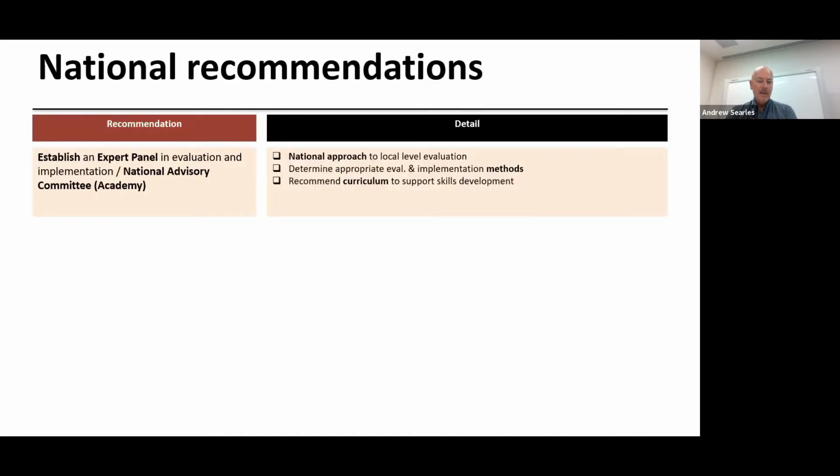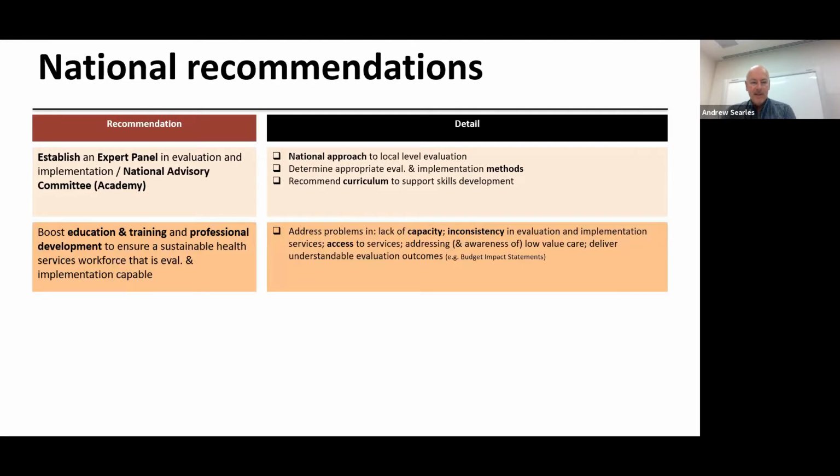The first recommendation that we identified was coming up with an expert panel or a national advisory committee to make sure that we do have a national approach to the way that local level evaluation is done. So this could be, for example, for advice on methods, and it might also be for recommending a particular curriculum to support skills development. And that's to make sure that we have some standard skills that are delivered when we're capacity and capability building across Australia.